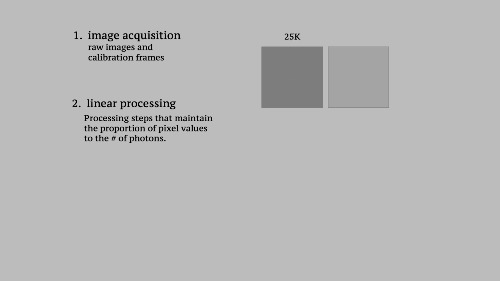Let's say that we have one pixel, and over a period of time that the shutter is open, it's received 25,000 photons, and one right next to it has received 60,000 photons. The one on the right, since it's received more photons, is going to be displayed as a brighter pixel when it shows up on your computer screen.